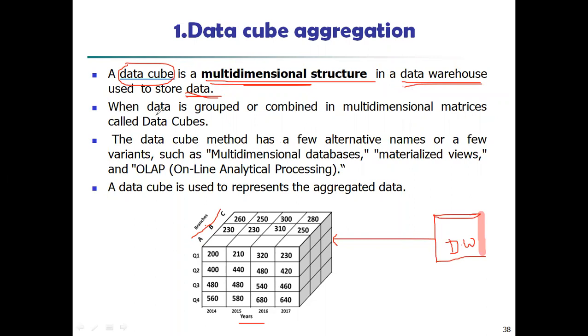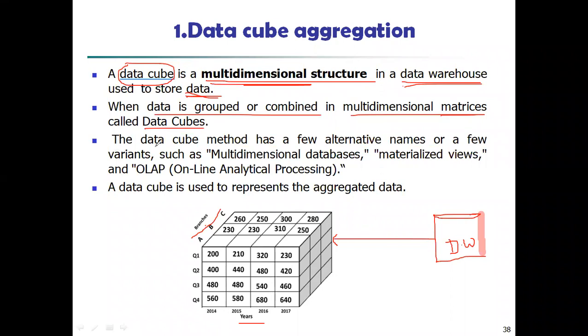Or you may say that when data is grouped or combined in multi-dimensional matrices, it is called a data cube. What is a data cube here? If you want to combine or group the data in the form of multi-dimensional matrices, that representation is called a data cube here, right?